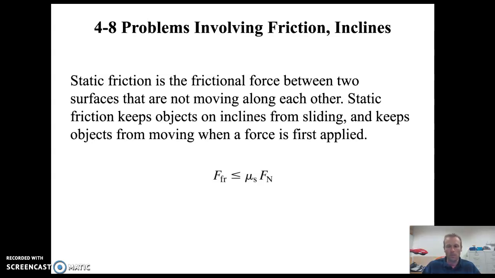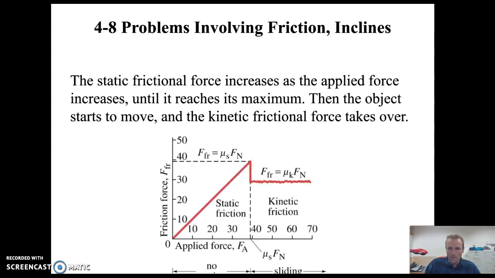Now as I begin to apply a horizontal force to start pushing this box, there's a fair bit of force there before I get it to start moving. As I'm pushing, static friction will increase to match my pushing force until I exceed the maximum static friction, and then the object starts to slide, and at that point I'll switch over to using kinetic friction.